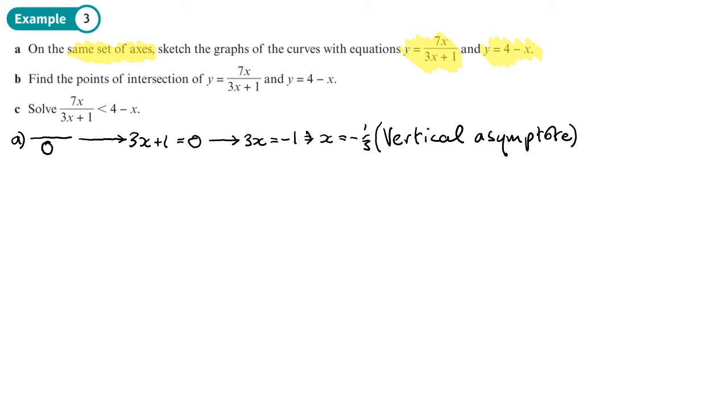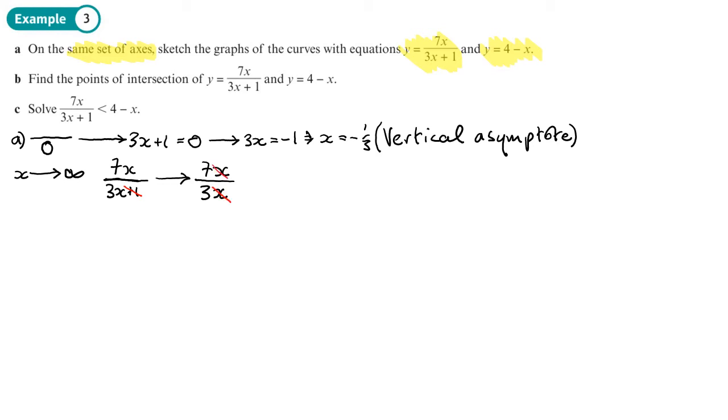Okay, to find if there are any horizontal asymptotes, we look to see what the fraction tends to as x tends to infinity. So what does 7x over 3x plus 1 tend to? Now, remember what I said, any constants as x tends to infinity are going to be insignificant, so we can cross them out. So we're basically just looking at what 7x over 3x tends to. Now, as I said before, you can sort of cancel this down because x is going to be the same number at the top and the bottom, a very big number.